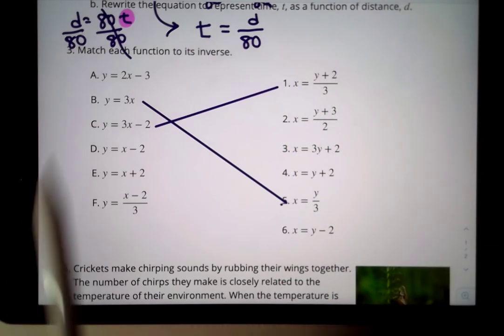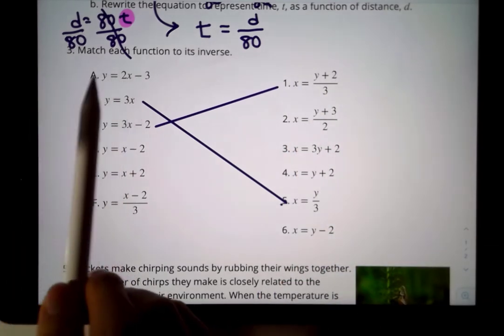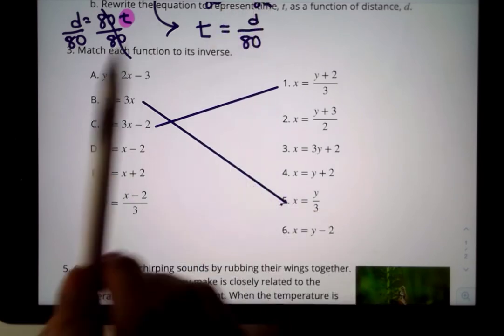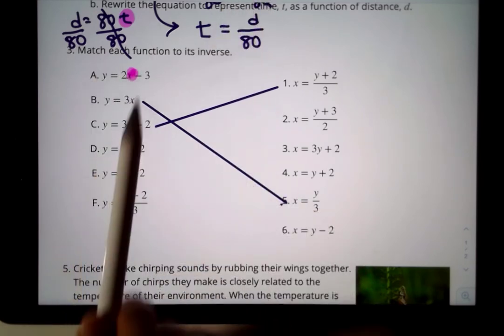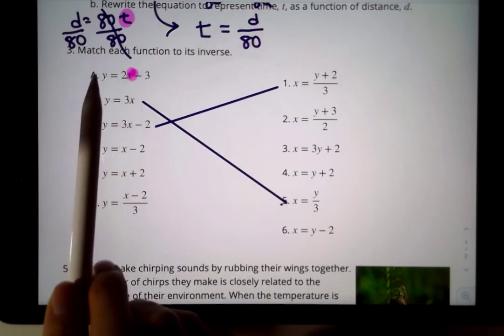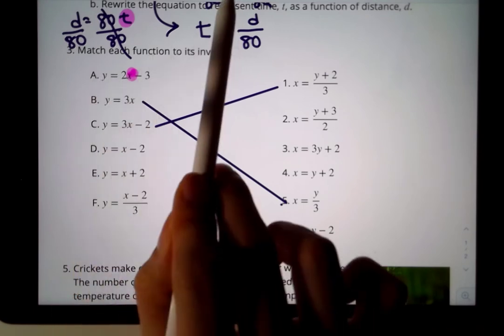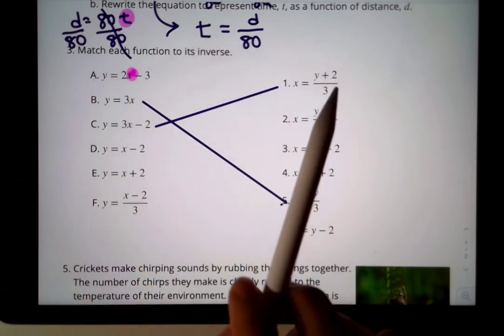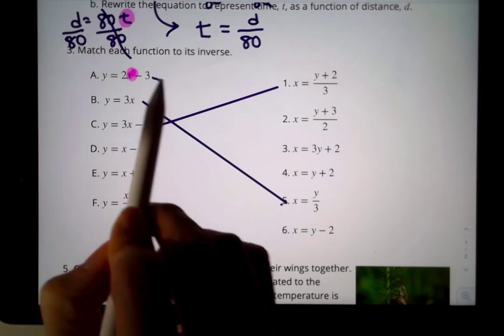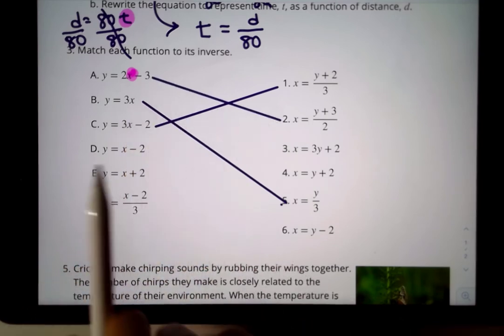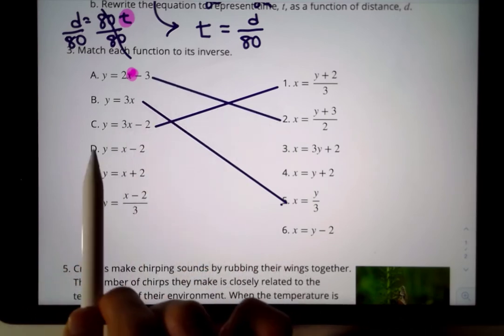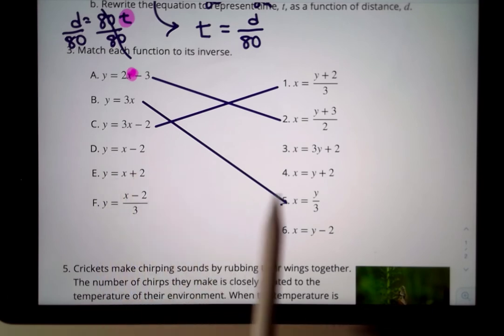Right? And oh, I didn't do this one. So for this, I want to solve it for x. Then you need to add 3, so y plus 3 over 2. Y plus 3 over 2, so it's right here, 2. And for D, you just add 2. X equals y plus 2.